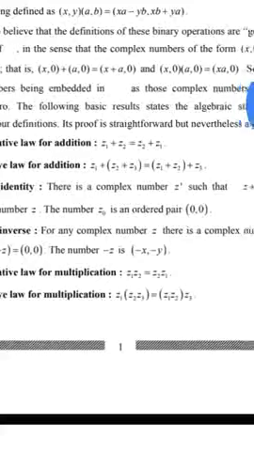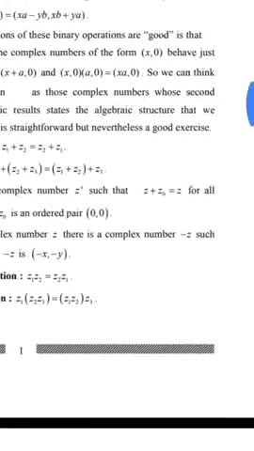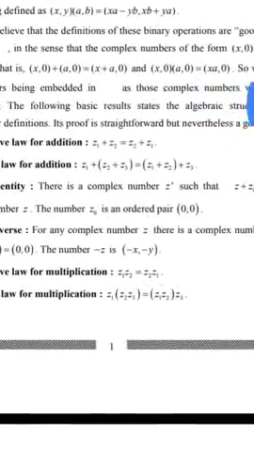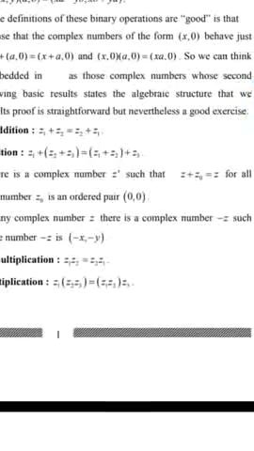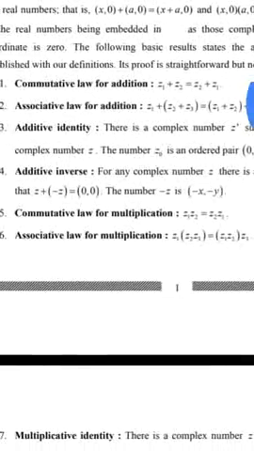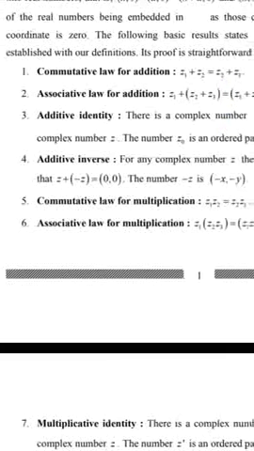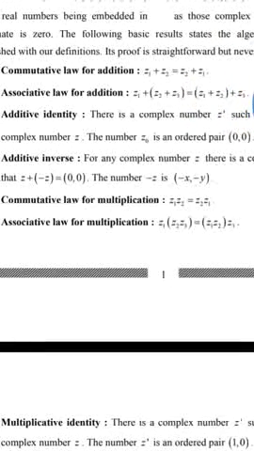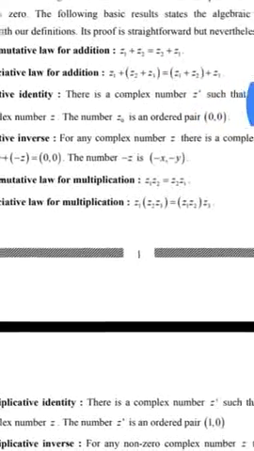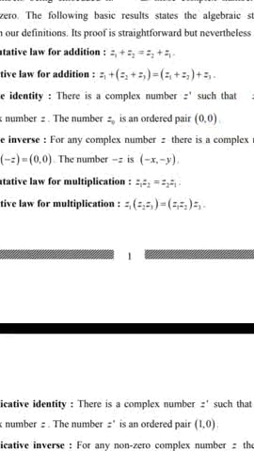The following basic results state the algebraic structure that we establish with our definition. The proofs are straightforward but nevertheless a good exercise. Commutative law for addition: z1 plus z2 is equal to z2 plus z1. Associative law for addition: (z1 plus z2) plus z3 is equal to z1 plus (z2 plus z3).